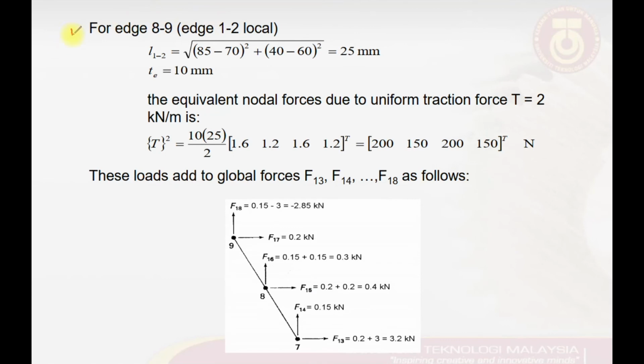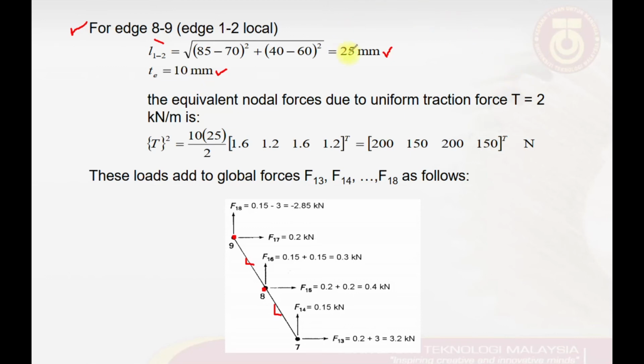A similar process is applied to the edge 8 and 9. In this case, since edge 8 and 9 has the same slope and the same horizontal and vertical geometry as edge 7 and 8, the length of this edge is also equal to 25, while the thickness remains the same, which is 10 millimeter.